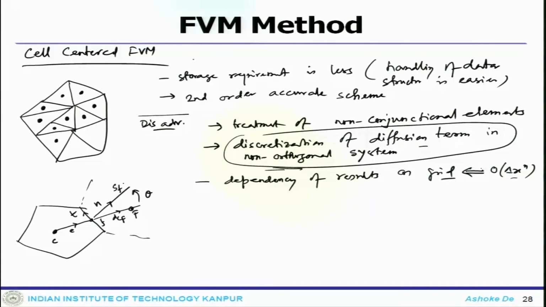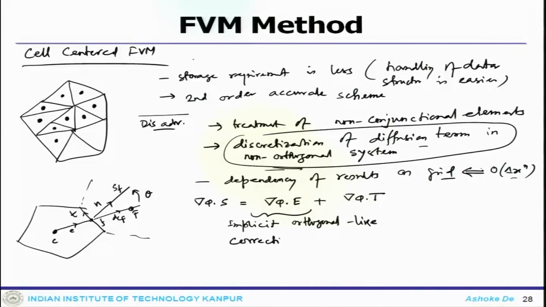So, typically the discretization of the diffusion term would be del phi dot S, that is del phi dot E plus del phi dot T. So, this is essentially the implicit orthogonal-like correction.